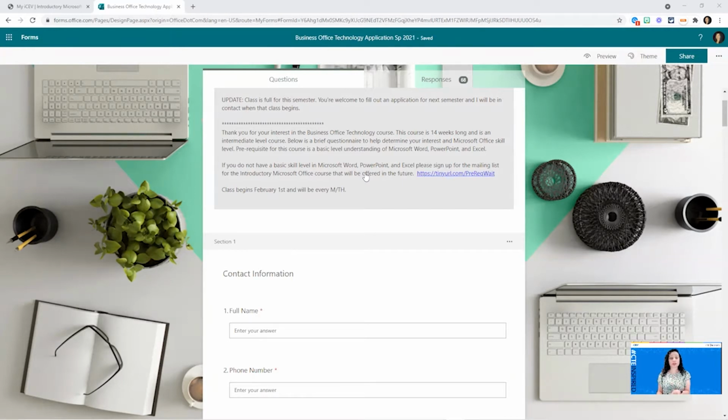But some people may know that they have enough experience that they can just start off at the intermediate level class, which is why I give them this questionnaire, the test, right? So I use this to determine if they are going to be able to keep up with the coursework and the speed of the class, because it's 14 weeks long.